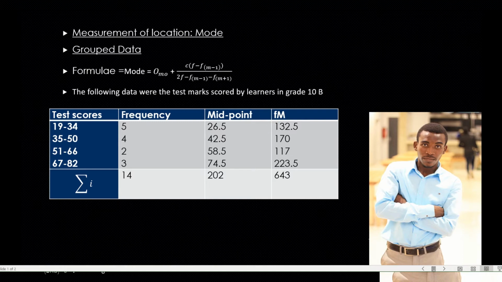The first column denotes the test score class, the second denotes the frequency, the third is the midpoint, and the fourth is the FM, which is our frequency times the midpoint.